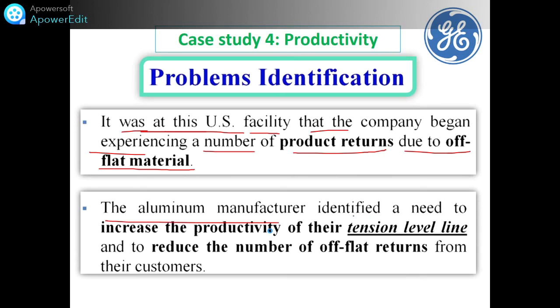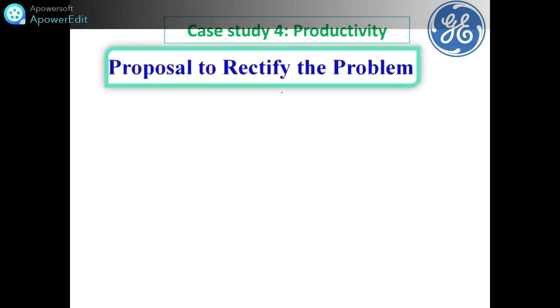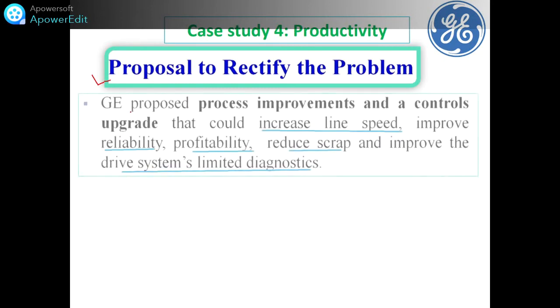The aluminum manufacturer identified a need to increase the productivity of their tension level line and to reduce the number of flat returns from their customers. Customers are purchasing aluminum sheet, and they have to reduce this. This is your problem statement. Friends, the proposal to rectify the problem, how did they rectify it?